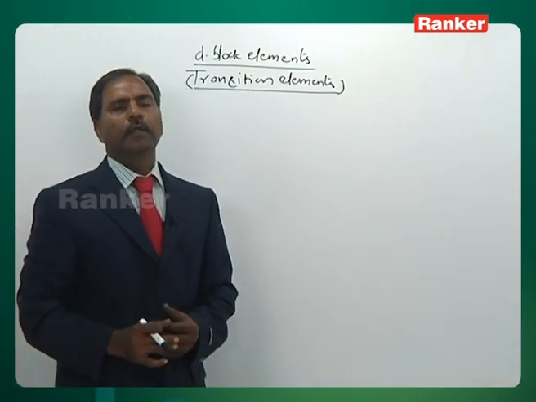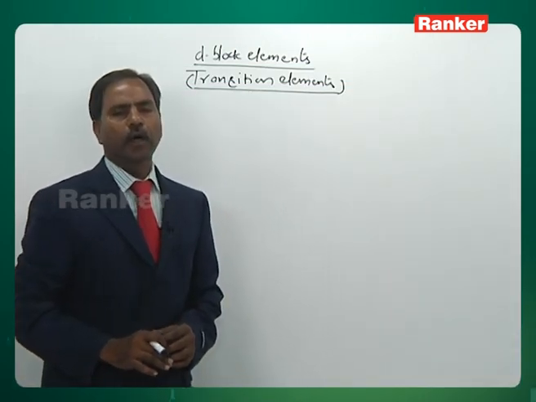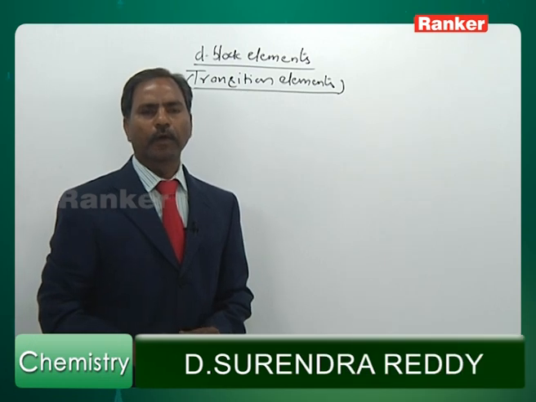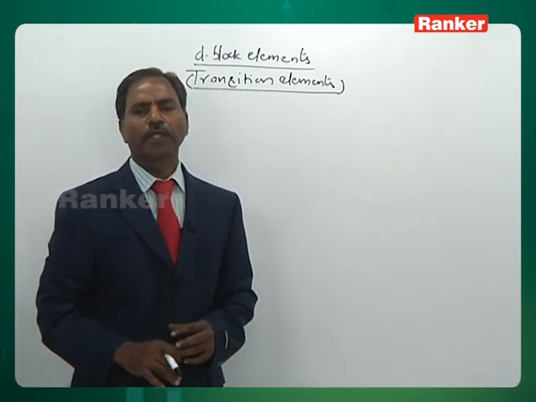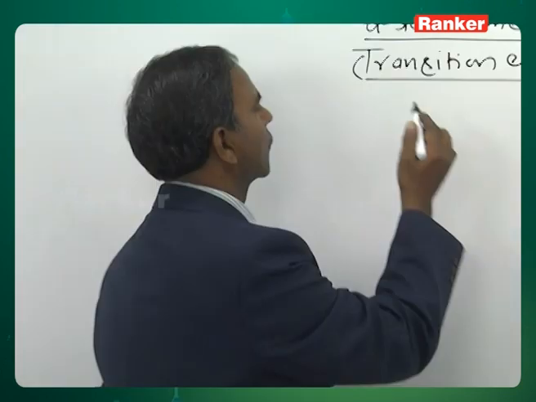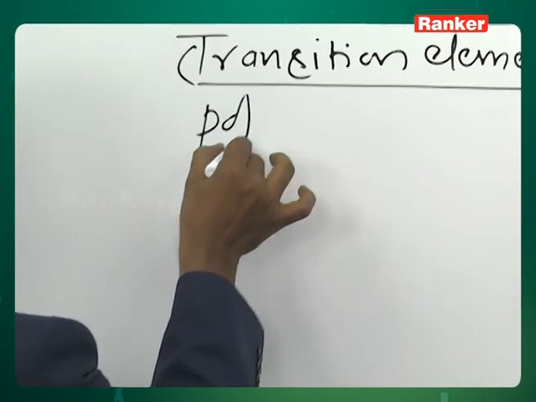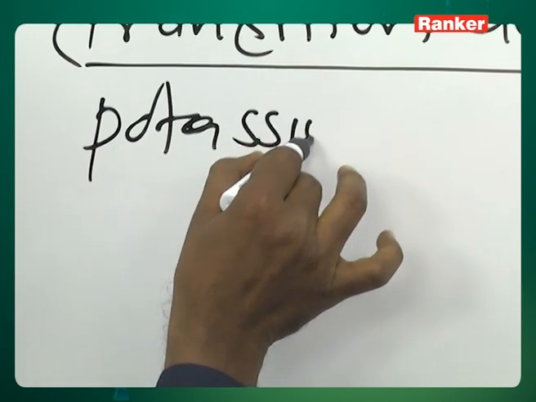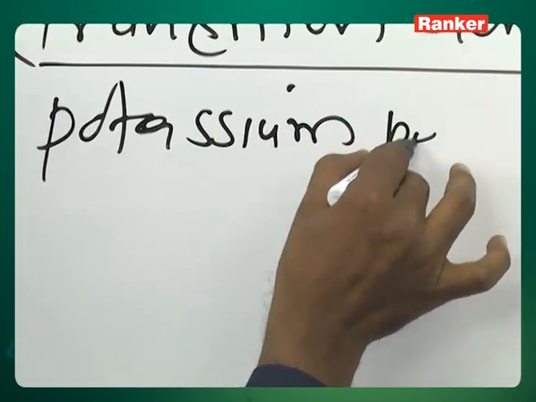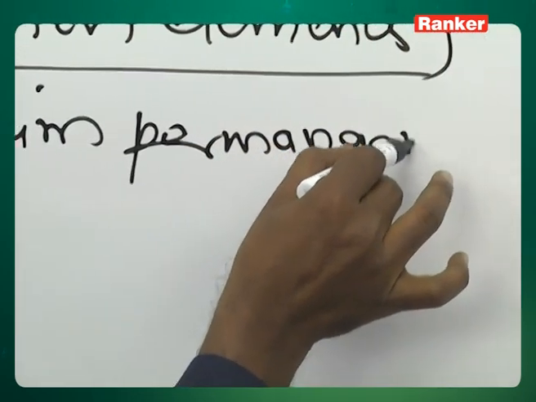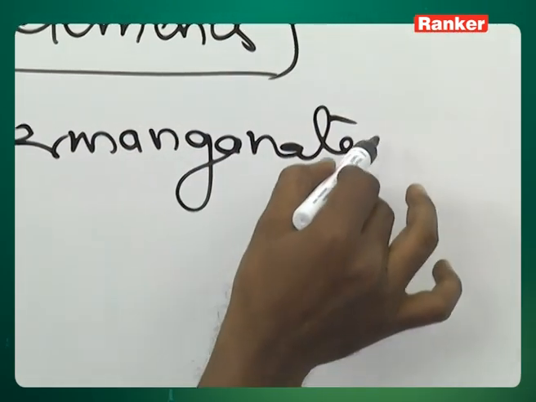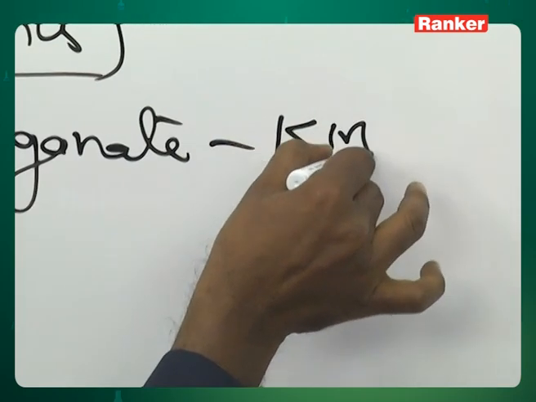Hello students. So today we will discuss how to prepare potassium permanganate and potassium dichromate. Let us see first potassium permanganate, KMnO4.